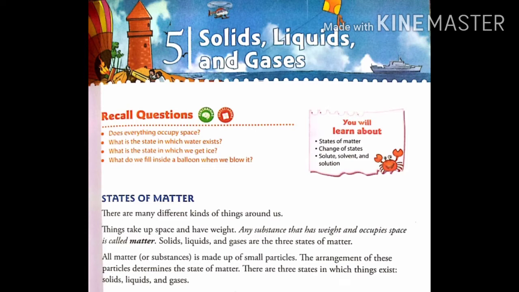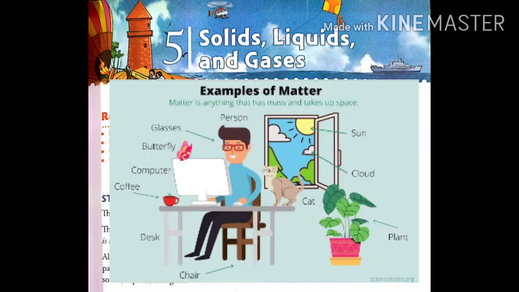And all these things occupy some space. You can see them, they are occupying some space and they have some weight as well. And students, all such things or substances which have weight and occupy some space are called matter. And you can see different examples of matter in this picture over here: glasses, butterfly, computer, coffee, desk, chair, cat, person, sun, cloud, plants.